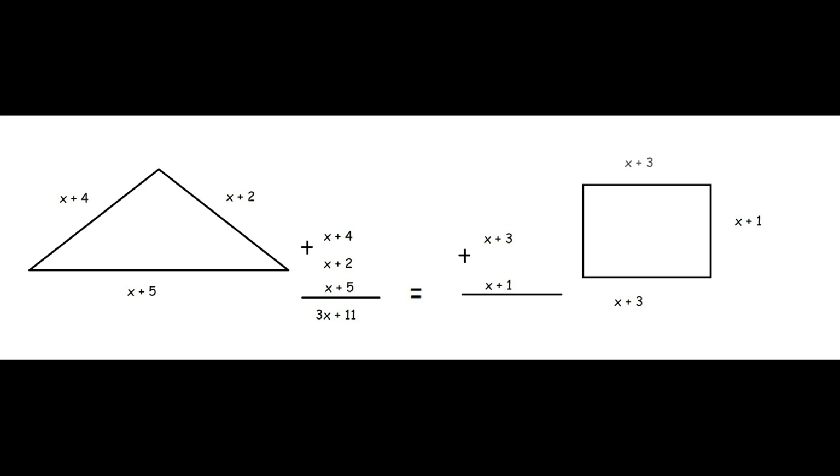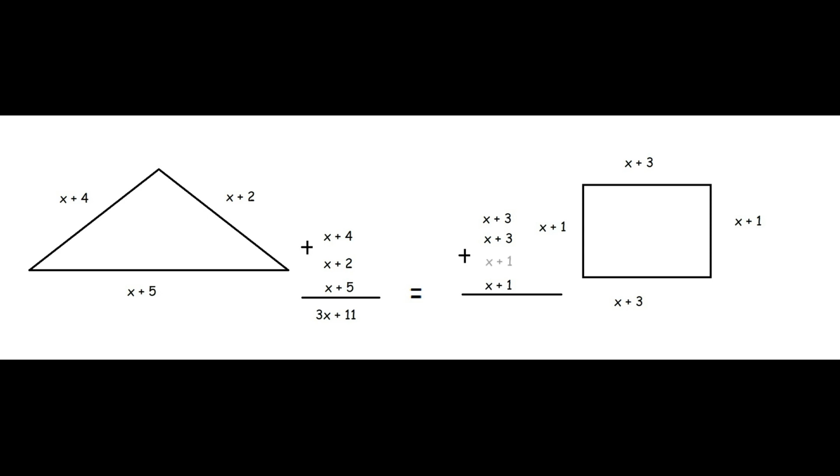Now, we're going to set that equation equal to what we get from our rectangle. Our rectangle has x plus 3 at the bottom, and because that bottom side is the same length as the top, there's our other x plus 3. Now, if you look at the right-hand side, it says x plus 1. Well, that's the same length as the other side, another x plus 1.